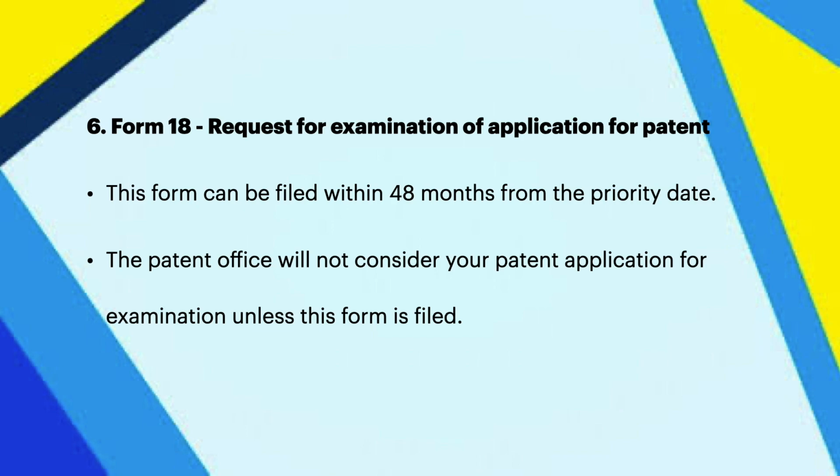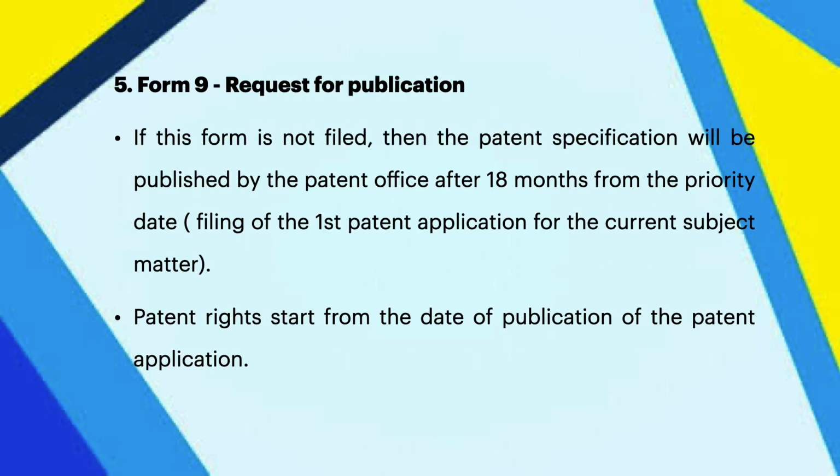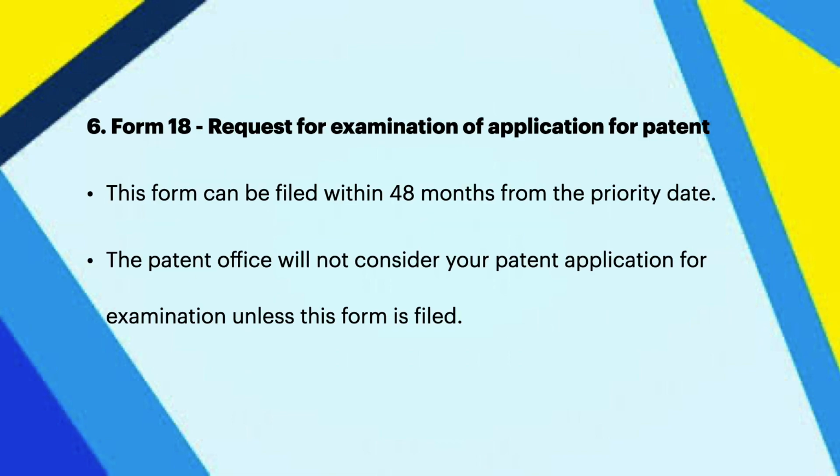The last step, step number 6, is Form 18, request for examination of application for patent. This form can be filed within 48 months from the priority date, which I just explained. The patent office will not consider your patent application for examination unless this form is filed.